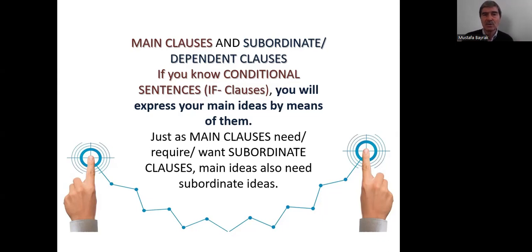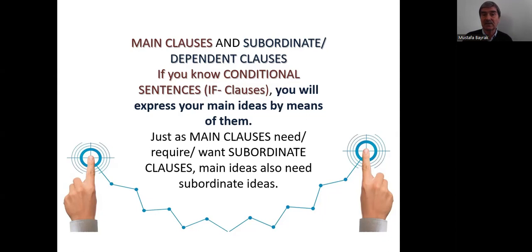Just as main clauses require, want subordinate clauses, dependent clauses, main ideas also need subordinate ideas. How can we write a composition without subordinate ideas? Okay, it is impossible. We just say our main idea, but we cannot expand it.